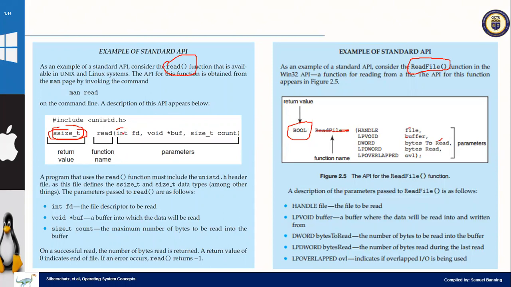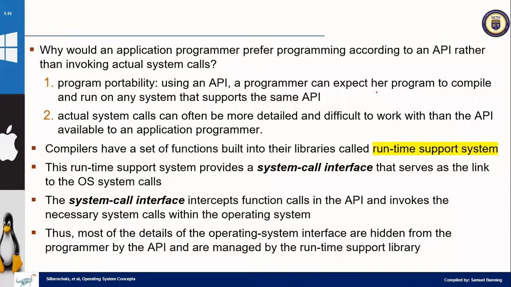How many? 1, 2, 3. Therefore, a program that is designed for the Linux environment will not run on Windows. If you take a program designed for Windows to Linux, ordinarily it will not run because the APIs on both operating systems are different.